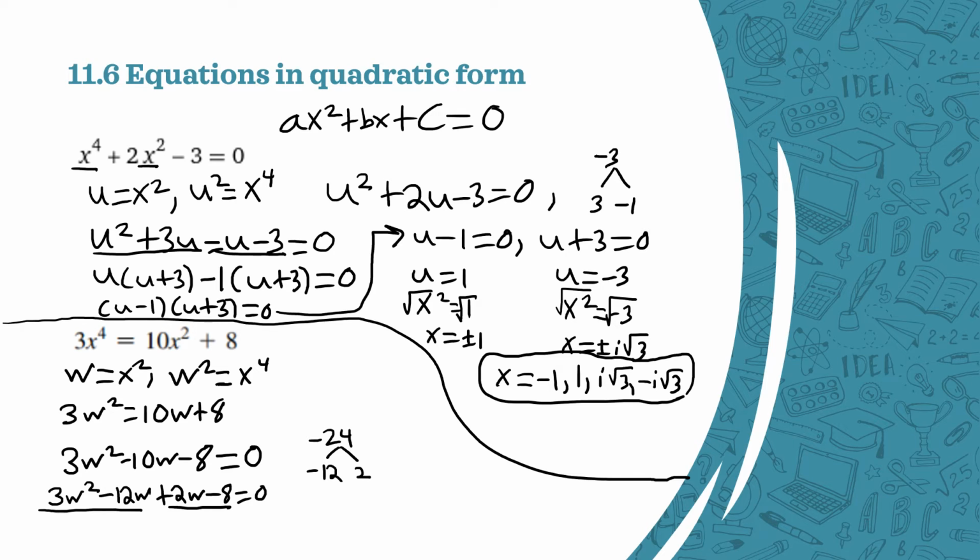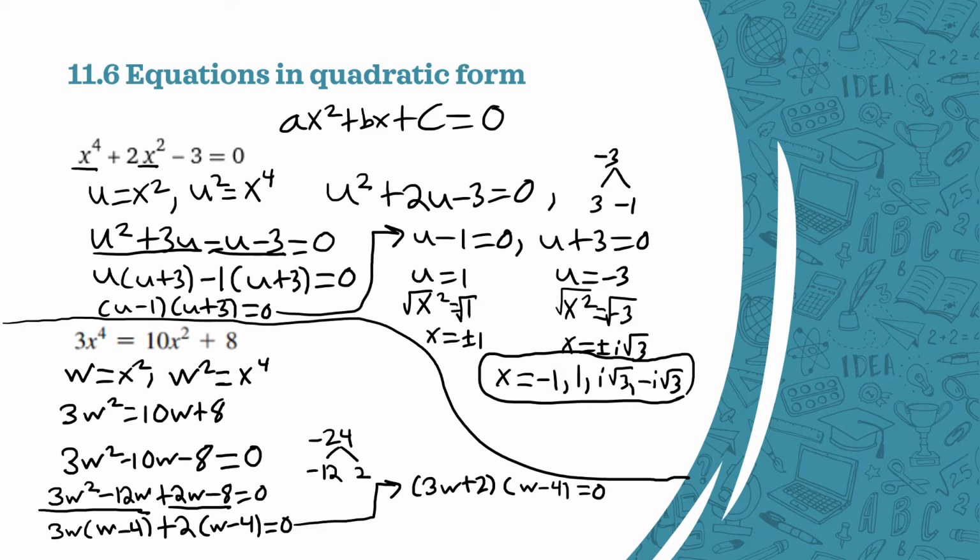Do factoring by grouping. So here I can factor out 3w, and I'm going to have w minus 4 left. Here I can factor out a 2. Now make it w minus 4. So then now I'm going to rewrite it over here. 3w plus 2 times w minus 4 equals 0.